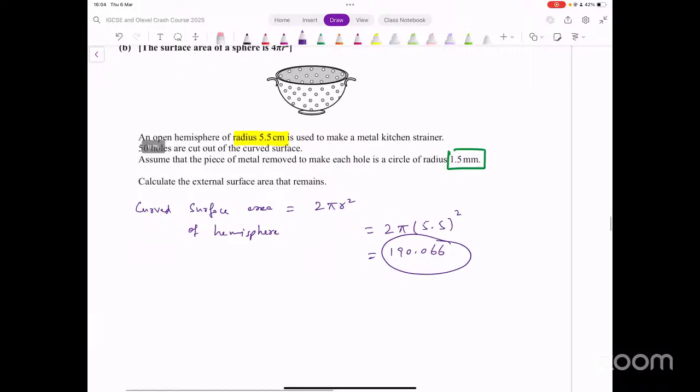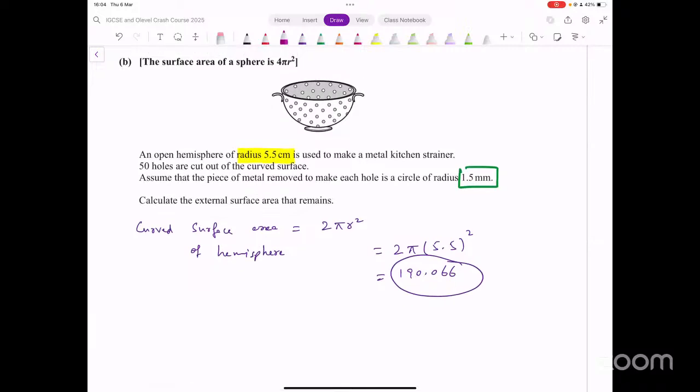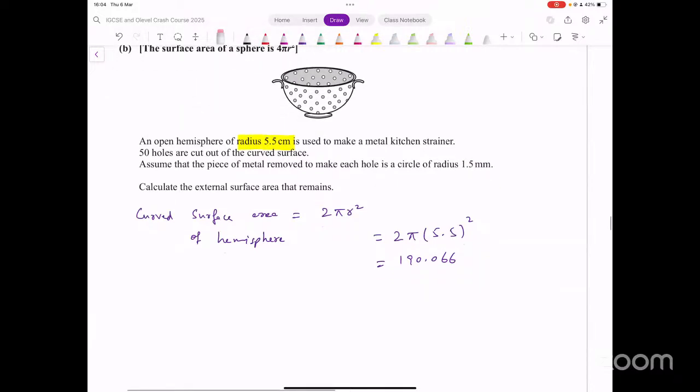But now we know that there are 50 holes like this, and each hole is a circle of radius 1.5 millimeters. Let's first convert it to the same unit. We're talking about centimeters here. 1.5 millimeters, 1.5 divided by 10, it would become 0.15 centimeters, right?